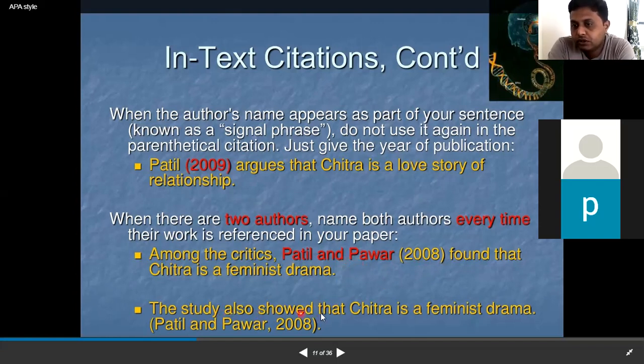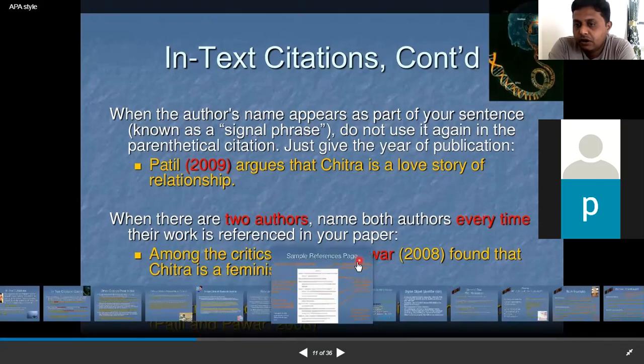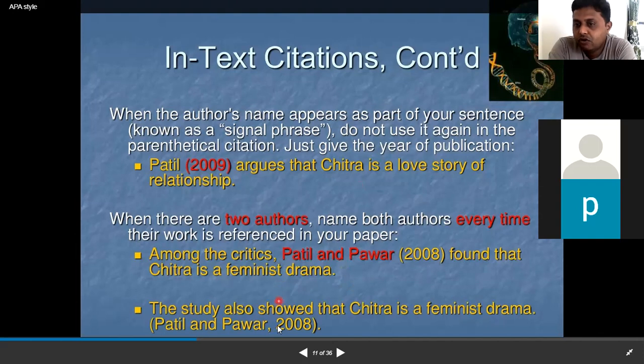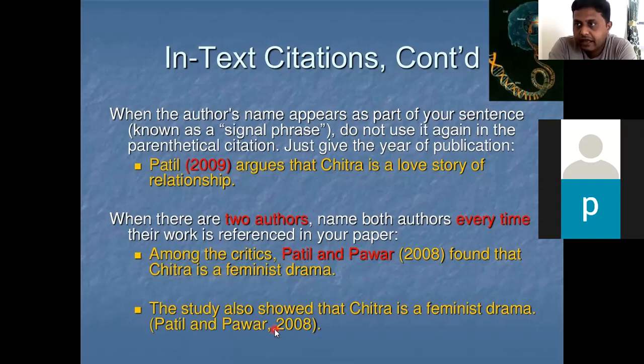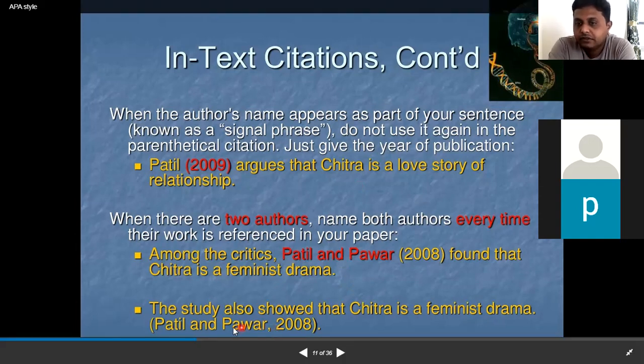The study also showed that Chitra is a feminist drama, right? So the name is highlighted at the end. Patil and Pawar, comma 2008. Again, the use of comma is there in the case of APA. MLA doesn't allow us to have a comma. See, Patil and Pawar, right? Like that.